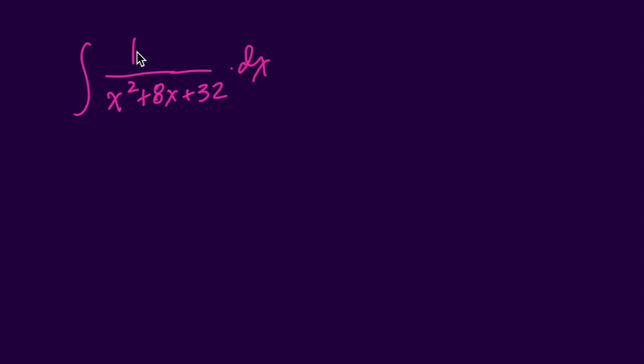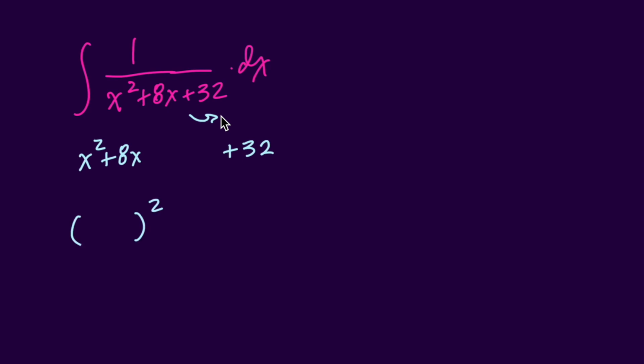Next, we have 1 in the numerator, so it would be nice if this was a set of perfect squares. We have a polynomial, so that's an invitation to do creating the square, otherwise known as completing the square. So first, we're going to pull out that plus 32 and give us a little room. We're going to have x squared plus 8x.